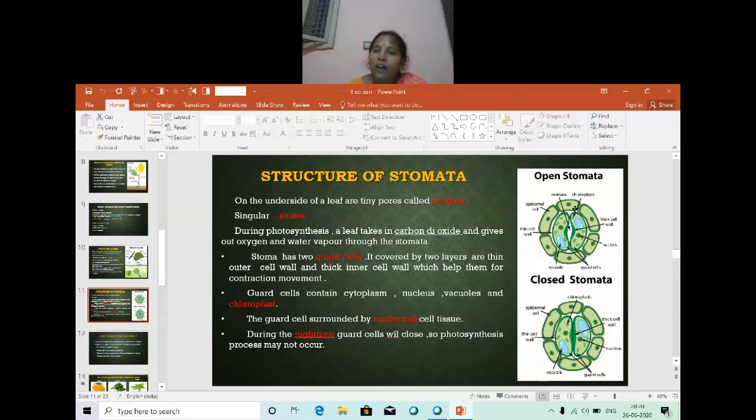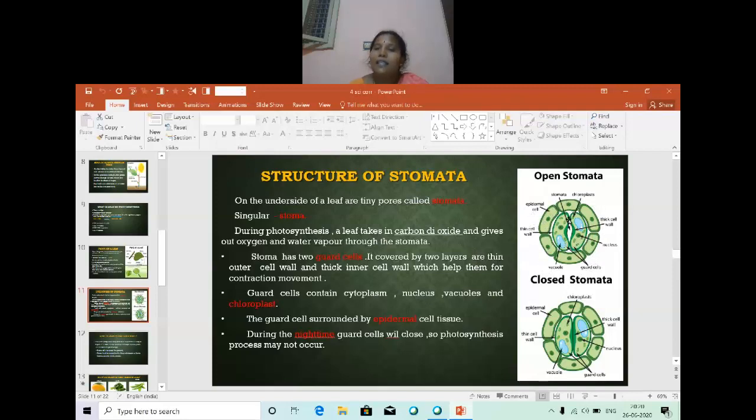The guard cells are surrounded by epidermal cells. Clear? The stomata has two guard cells covered with two layers: inside the guard cells a thick cell wall, outside a thin cell wall, and surrounded by epidermal cells.